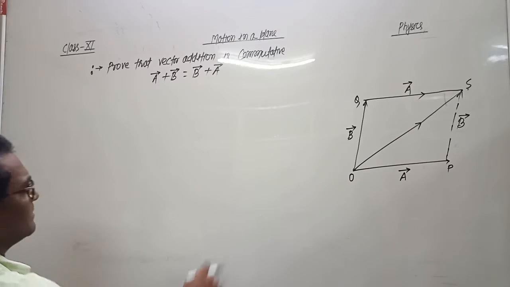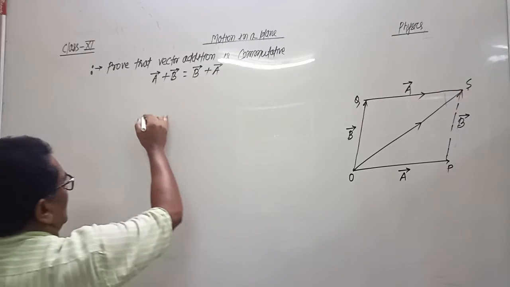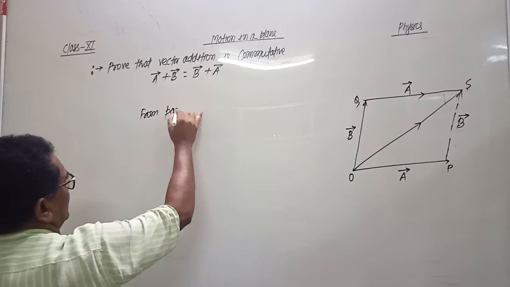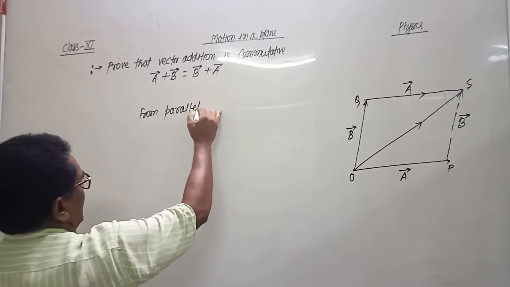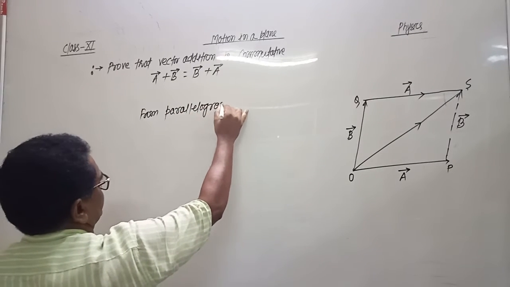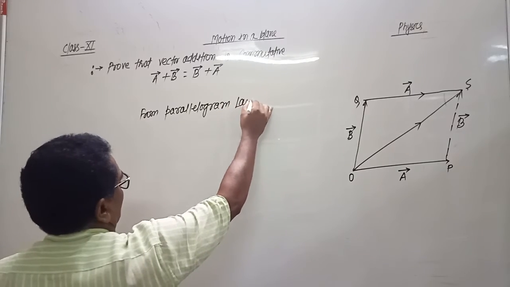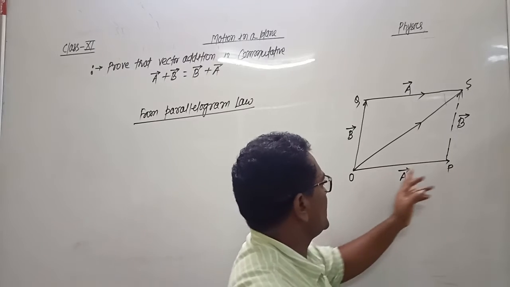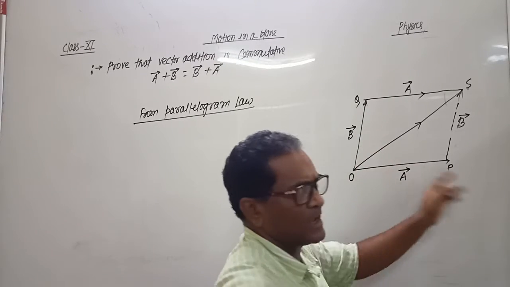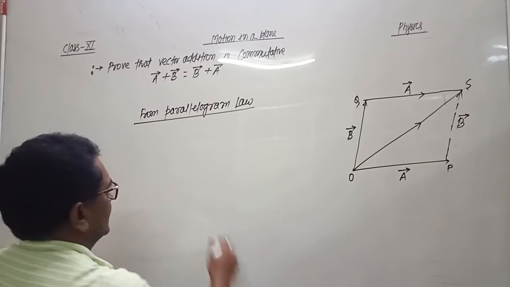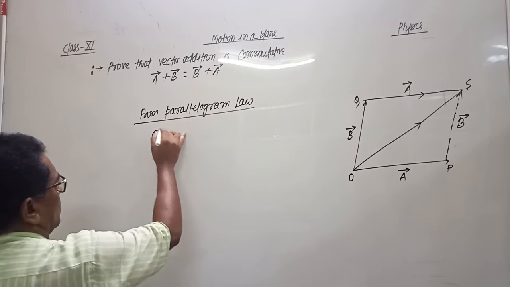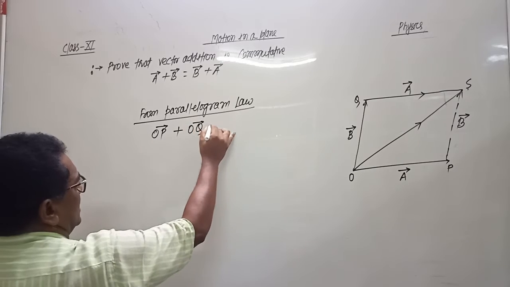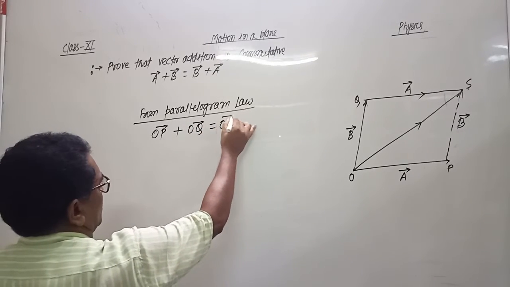Now from the parallelogram law, we can say that OP vector plus OQ vector equals OS vector.